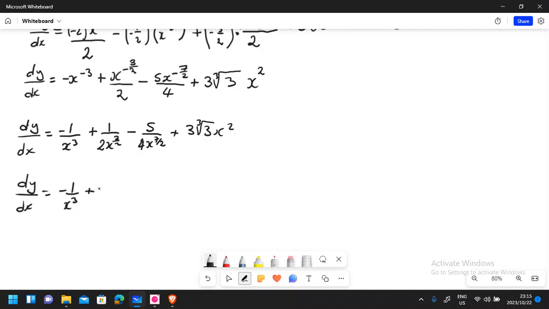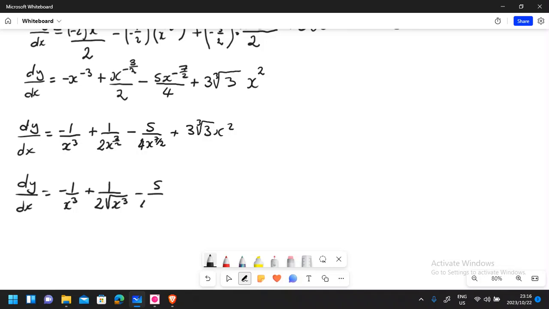But this one here, the second term, we're gonna have 1/2, we need to change this. So if we change this, it's gonna be the square root of x to the power of 3. Remember, this 2 means squared, and that 3 means the power of 3. And then we say minus, and then we're gonna have 5.